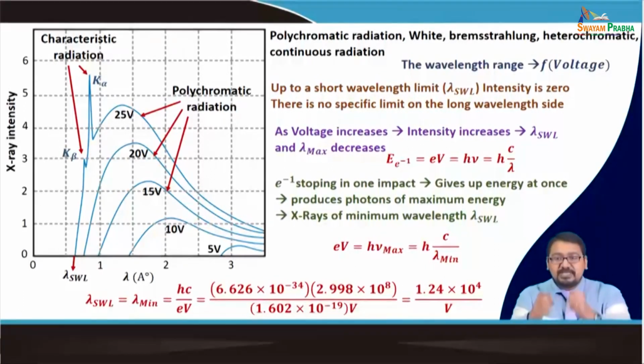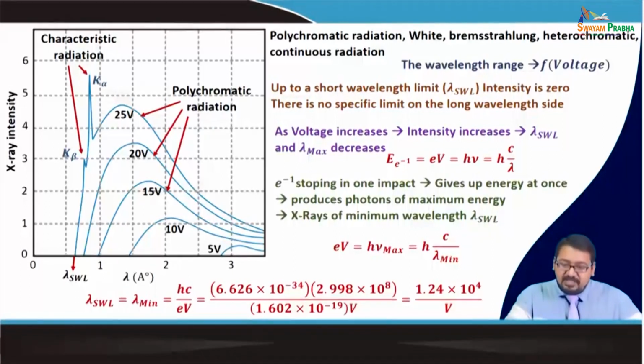So it can give the maximum energy at once. When it produces a photon of the maximum energy, the X-ray with the minimum wavelength, or the short wavelength limit, is produced. One can use this same equation to calculate the short wavelength limit for different voltages, and we have given that the energy is equal to electron volt.